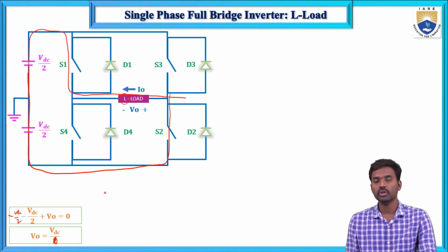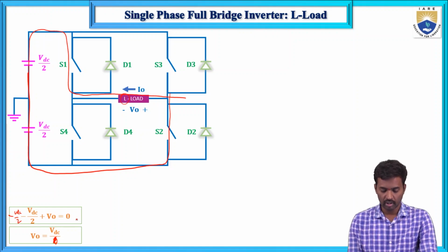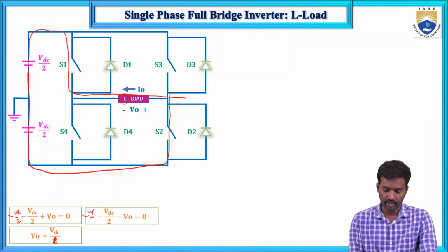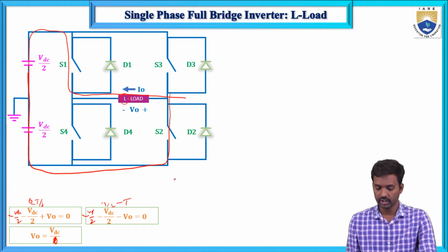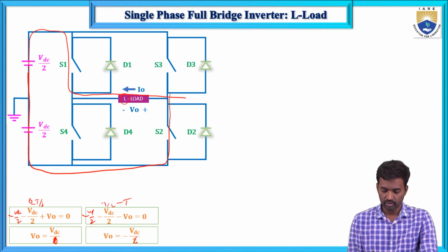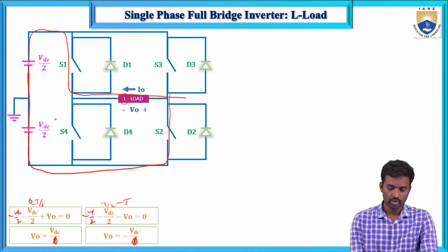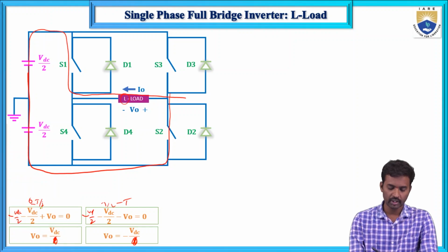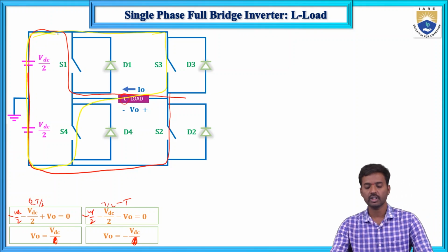And next, what about this is for L load, and next here minus VDC by 2, minus VDC by 2, 0 to T by 2 only, and T by 2 to T duration. So now this value is minus VDC by 2. So in this case, let me change the color over here. So here let me take this color. So this color here through L load, S3 and S4 thyristors will conduct.